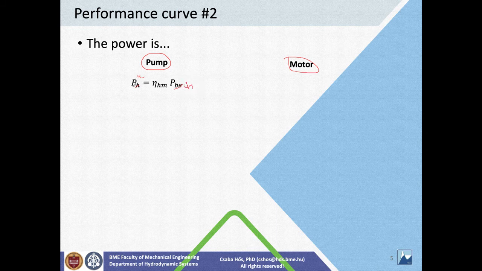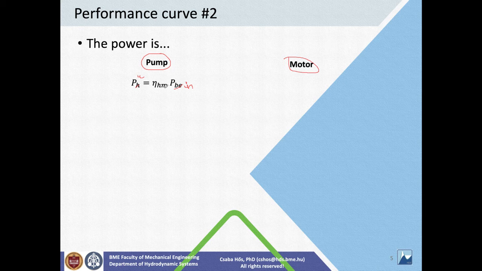Okay, so the useful power is some kind of efficiency times the inlet power. Now, with these machines, all of the losses except volumetric losses, so all of the losses, mechanical, hydraulic, shaft, turbulence, separation, friction, each and every loss, are concentrated into this efficiency, apart from the volumetric efficiency.